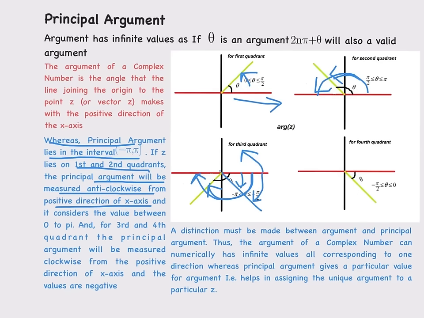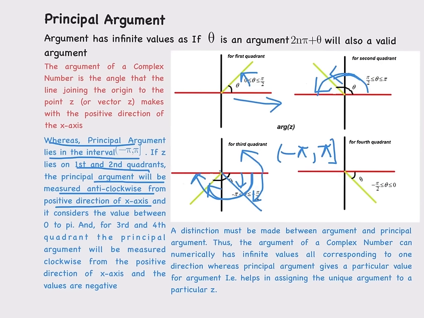Remember that the principal argument lies in the interval minus pi to pi, that is open at minus pi and closed at pi. Open at minus pi means we do not consider the value minus pi in the principal argument interval, and closed at pi means that we include pi as a principal argument.